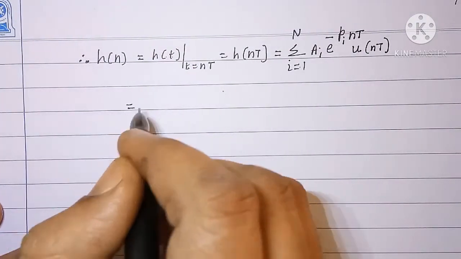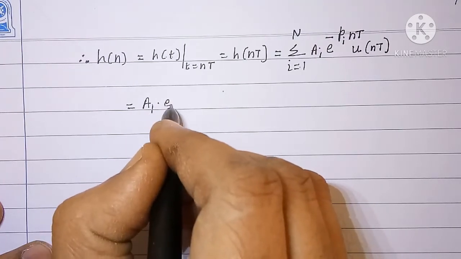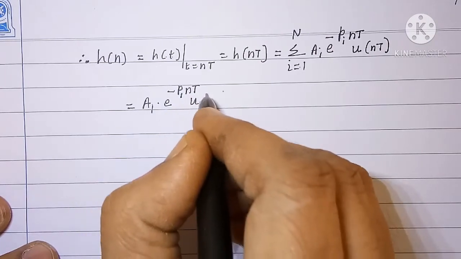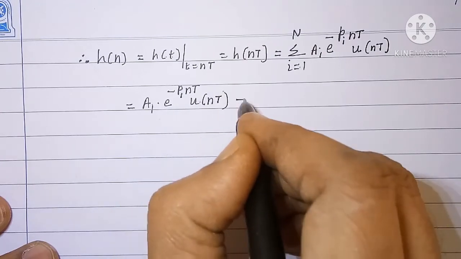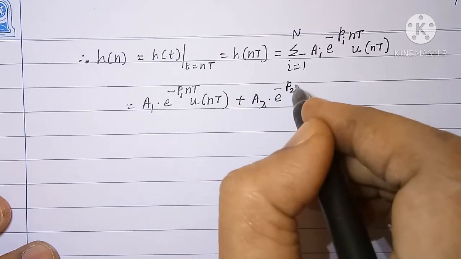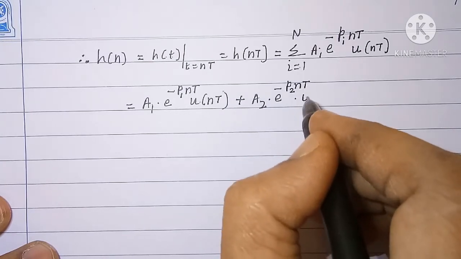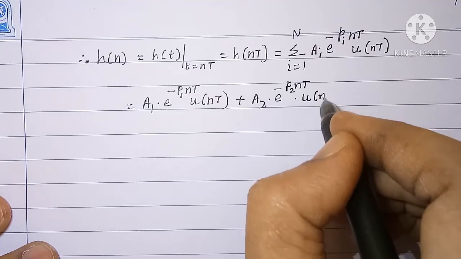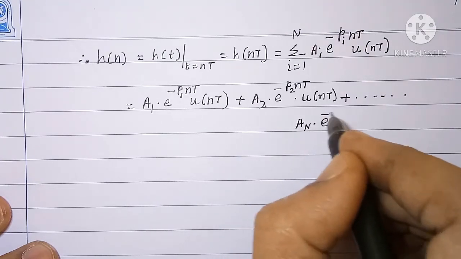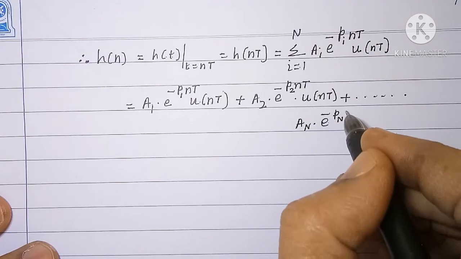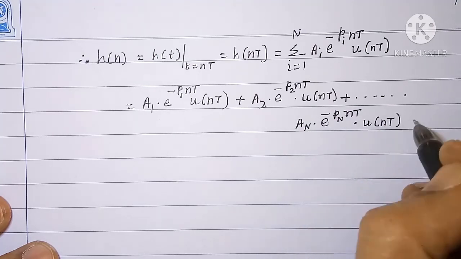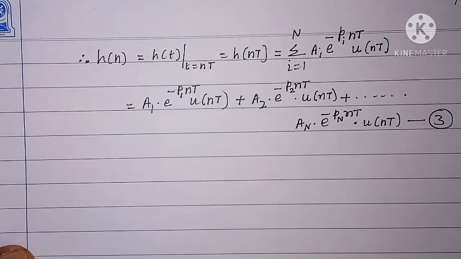That is equal to a1 into e raised to minus p1 nT into u of nT plus a2 into e raised to minus p2 nT into u of nT plus and so on up to an into e raised to minus pn nT into u of nT. Let us call this as equation 3.